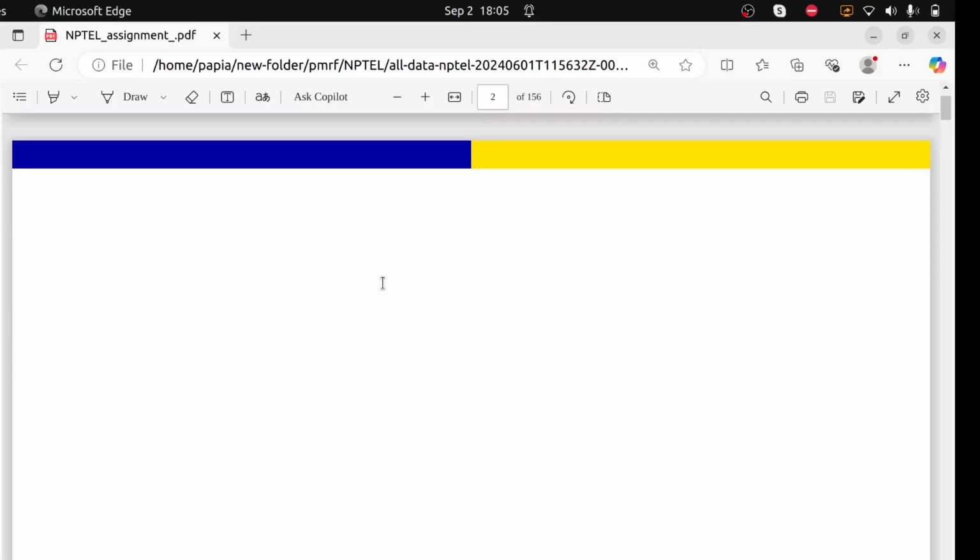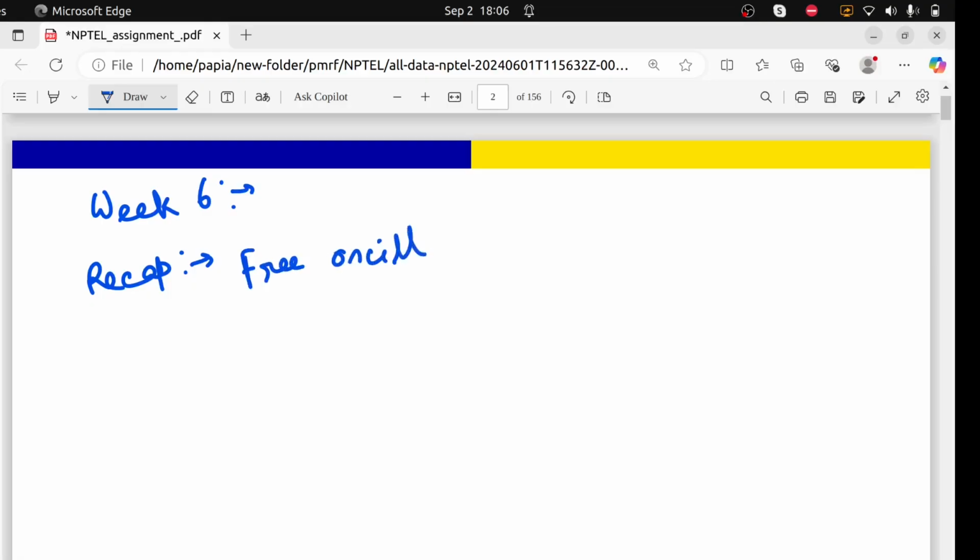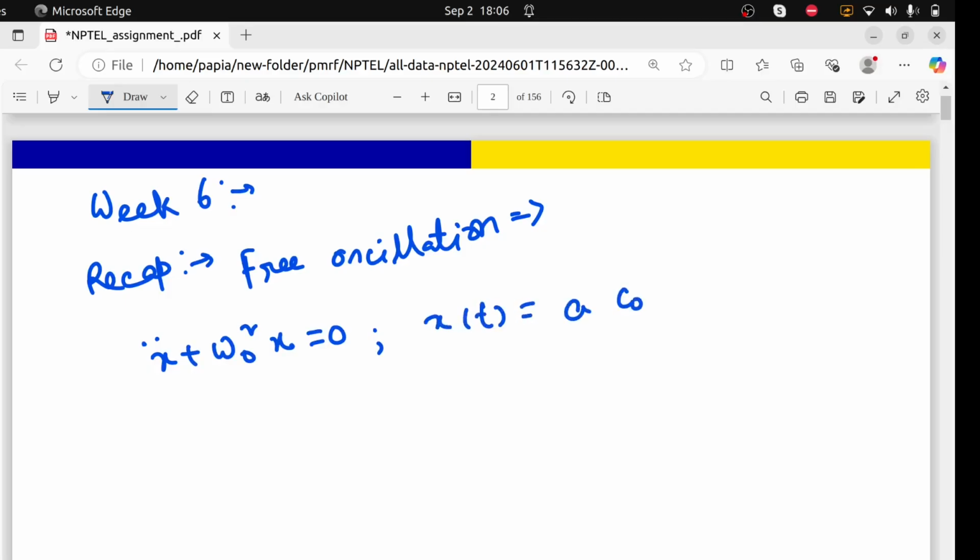In week 6, just a simple recap. For free oscillation we have x double dot plus omega 0 square x equals 0, and the solution of x was a cos(omega 0 t plus alpha).